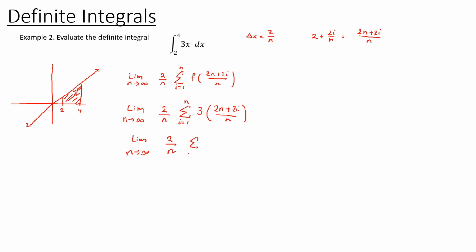So we have sigma of i equal to 1 to n of (6n plus 6i) over n. And we can factor out 6 over n in this case.